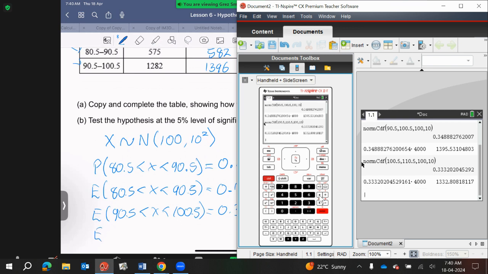So the expectation that they'll be between 100.5 and 110.5 is 0.333 times 4,000, which is equal to 1333.